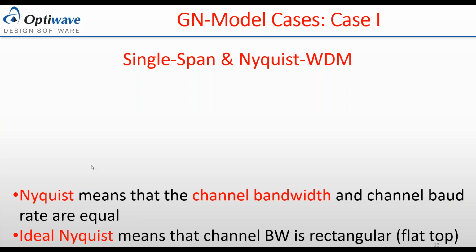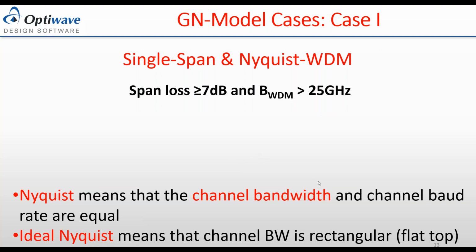Now, for an ideal Nyquist channel, we can assume that the spectrum is flat at the top. There is no kind of curvature at the sides of the spectrum of the channel. Now, case one also applies where we have span loss over or equal to 7 dB, which for single mode fiber is about 35 kilometers.